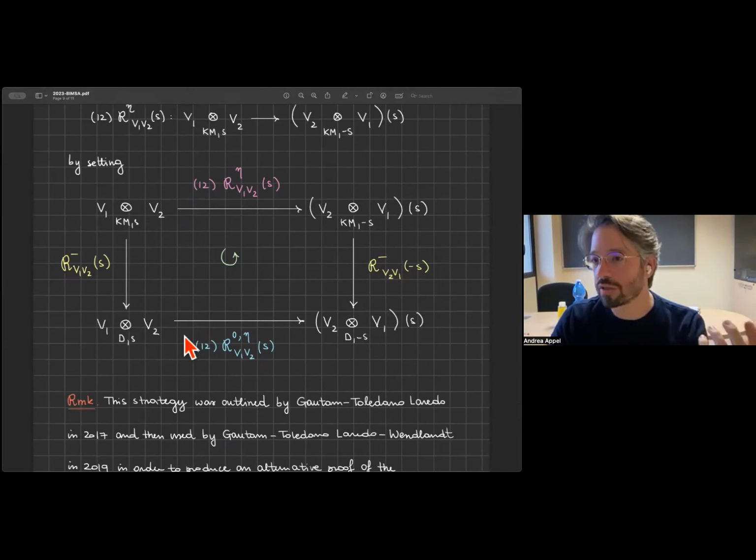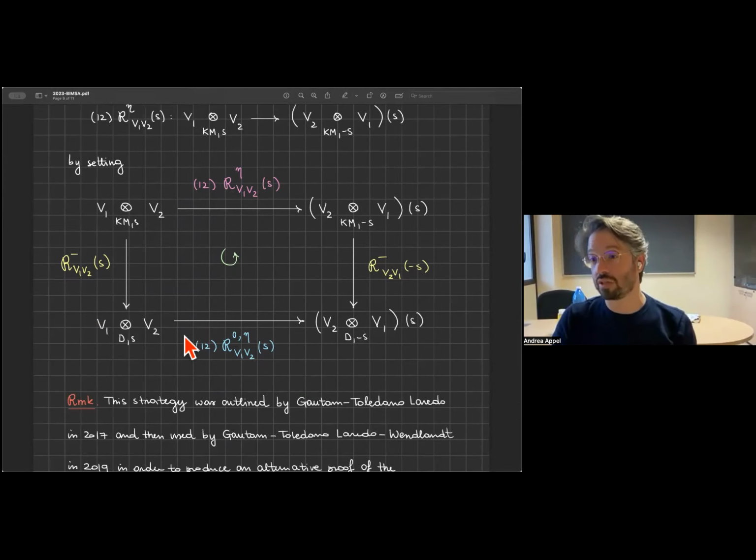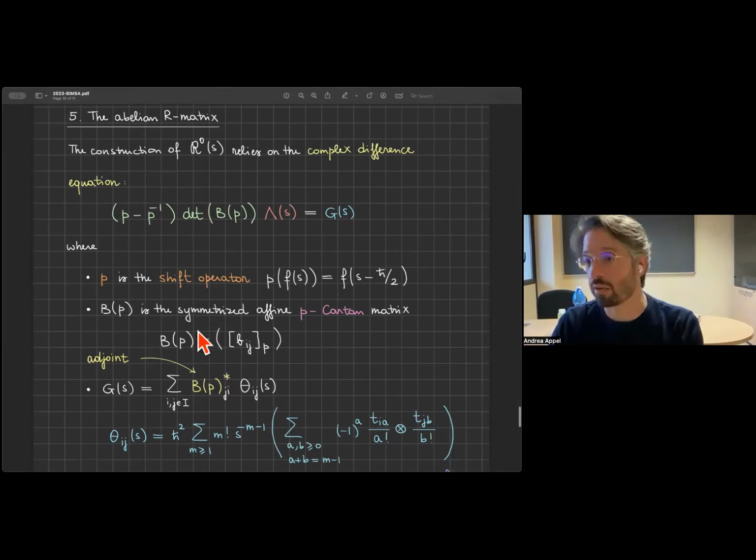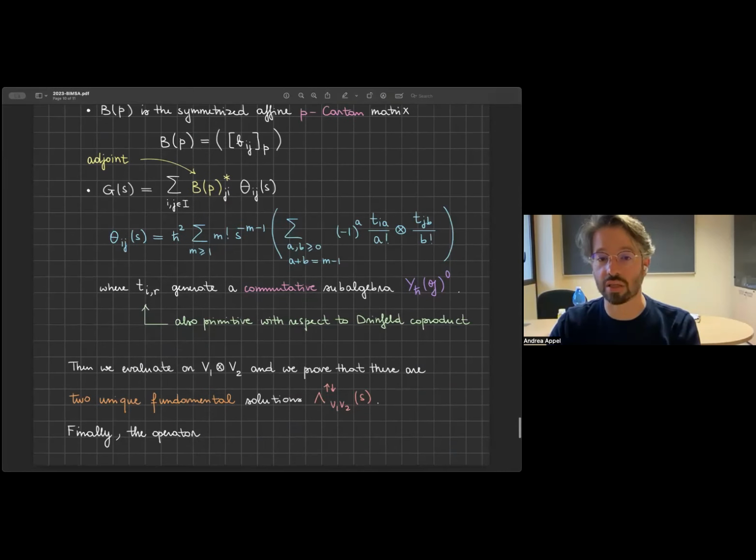You want this operator R0 to behave well and intertwine with the Drinfeld coproduct. So in particular, you can study how R0 interacts with the Drinfeld coproduct. You can look not at every element of the Yangian, but at these elements in the commutative algebra, which, as I was saying, behave quite nicely with respect to the Drinfeld coproduct.